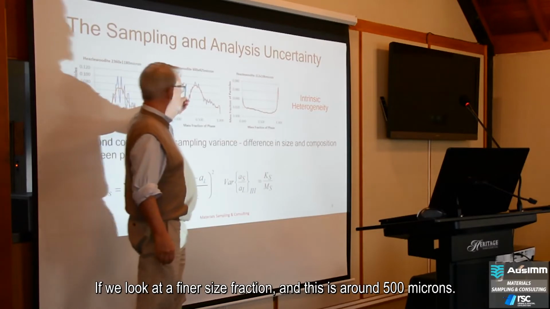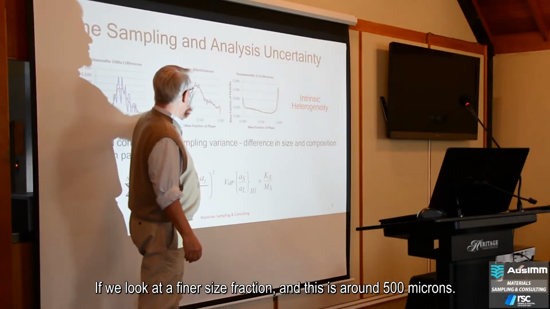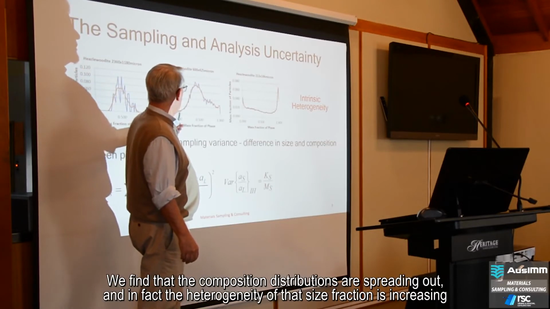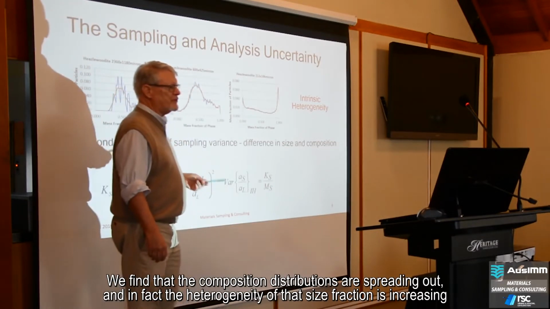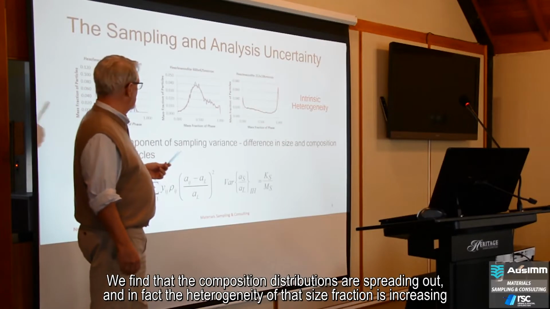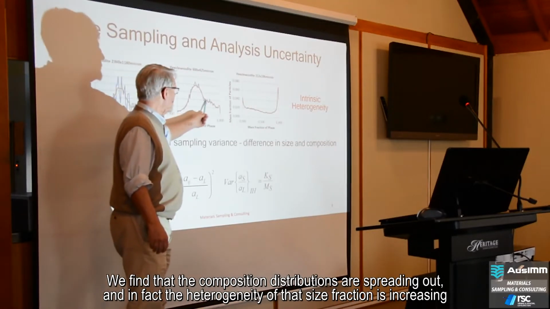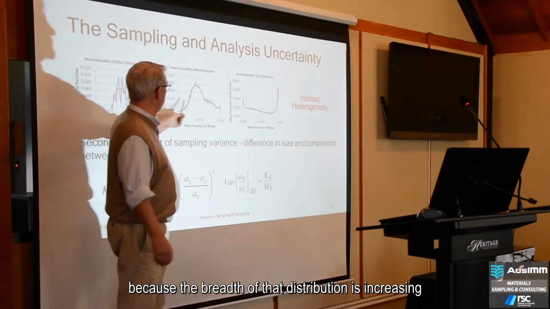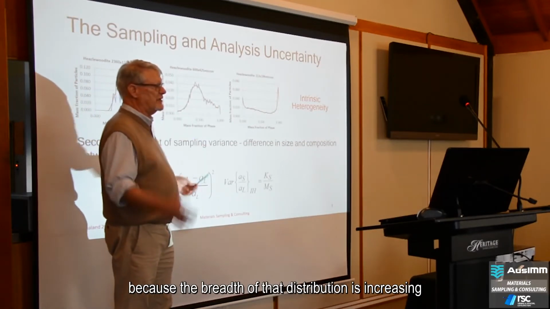If we look at a finer size fraction, around 500 microns, we find that the composition distributions are spreading out. And in fact, the heterogeneity of that size fraction is increasing because the breadth of that distribution is increasing.